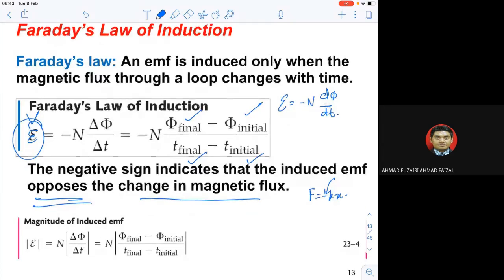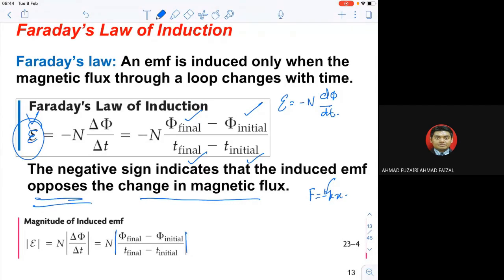Either the value is positive or negative, but normally when we calculate the magnitude of induced EMF, we often don't bother about the negative part. In fact, at the delta phi over delta t, or delta flux over delta t, we can also put the modulus, because the magnitude part doesn't matter.